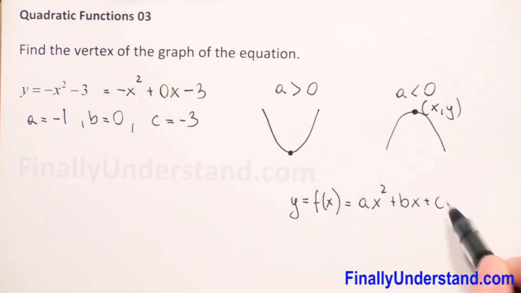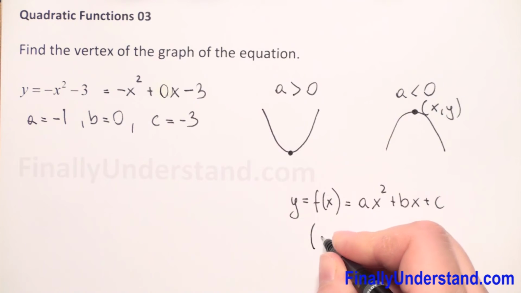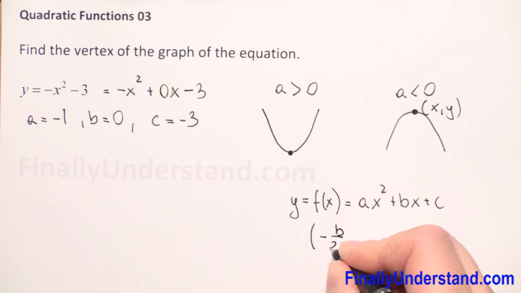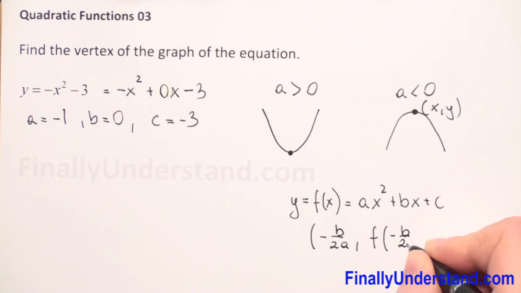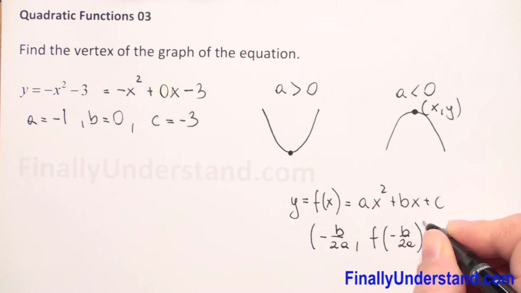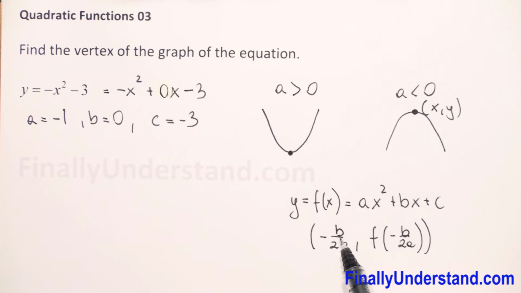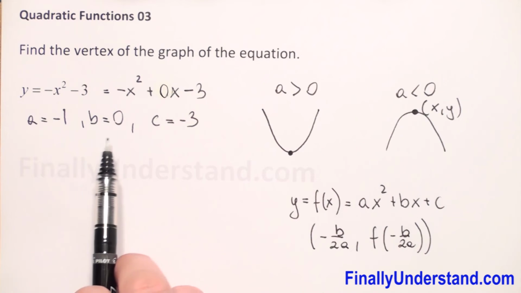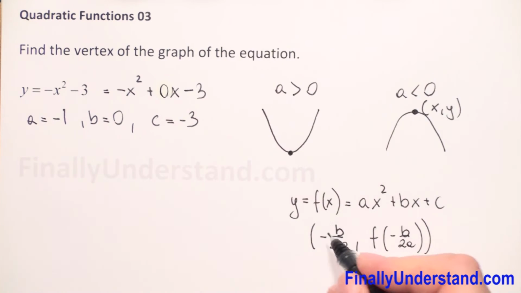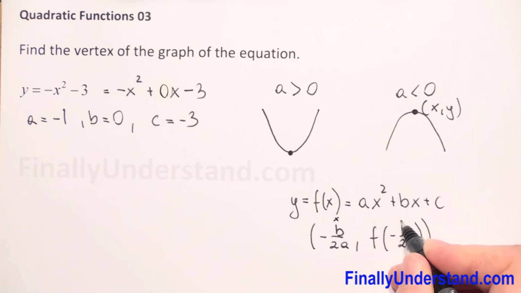When we have the general form of our quadratic function, the coordinates of a vertex are negative b over 2a, first coordinate, and the second is the value of the function at negative b over 2a. So we see that we need b and a. We found that a is negative 1, b is 0. So now this is our x coordinate and this is our y coordinate.